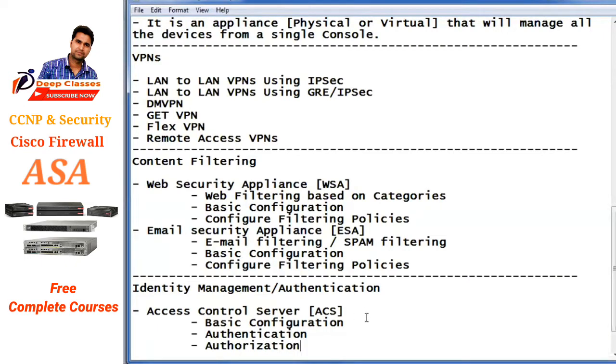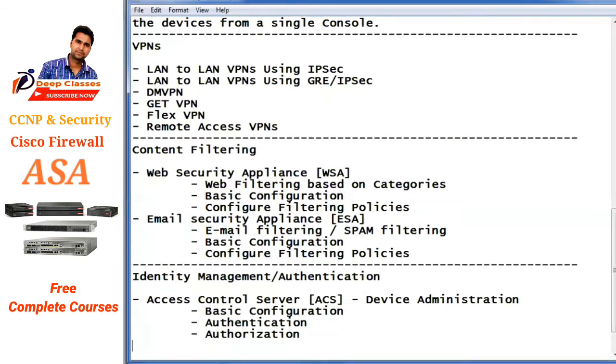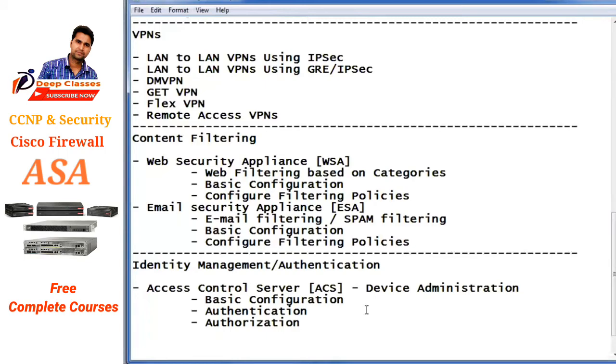This stuff will be for device administration. What do I mean by device administration? You guys worked with routers before. How do I get into routers remotely? Telnet, SSH, right? Now, if I telnet into a router, I need to specify a username and password, right?